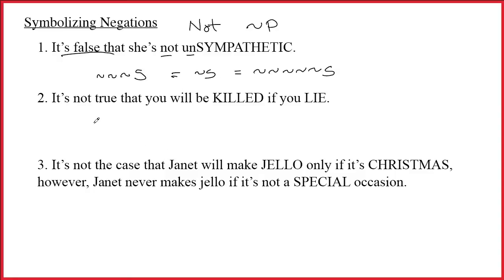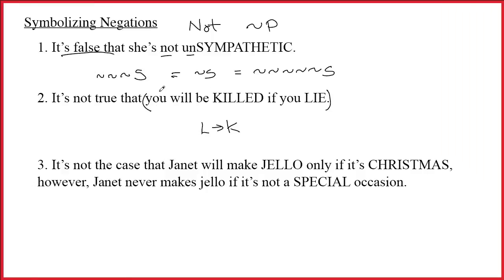Sentence number 2. It's not true that you'll be killed if you lie. Well, let's symbolize you'll be killed if you lie. That's obviously L arrow K, because what follows if is the antecedent. What's it's true that negating? It's true that is one of our synonyms for not, and what it does is negate an entire sentence.